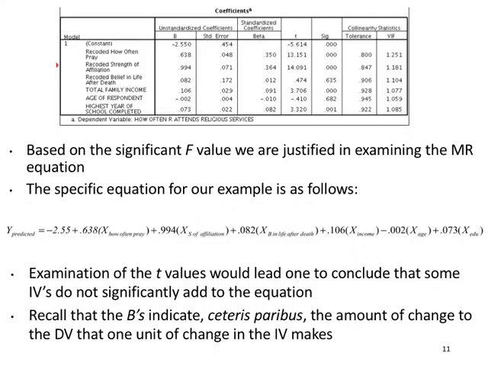This is y predicted equal to minus 0.255 plus 0.638 times how often a particular person prays, plus 0.994 times that same person's strength of affiliation, right?